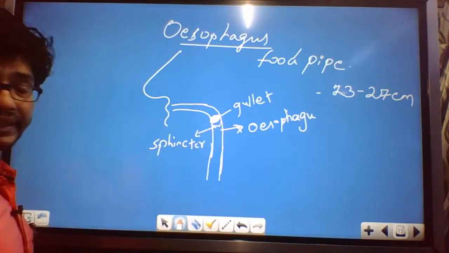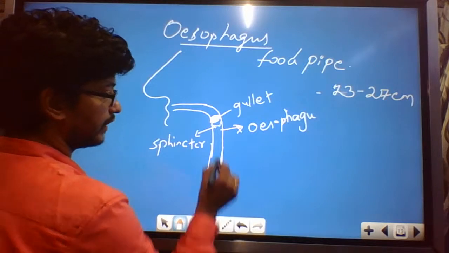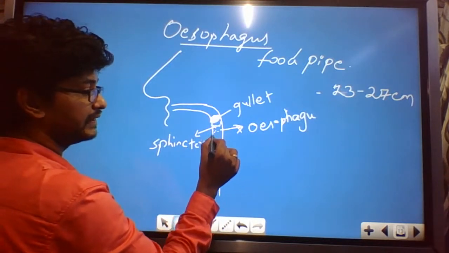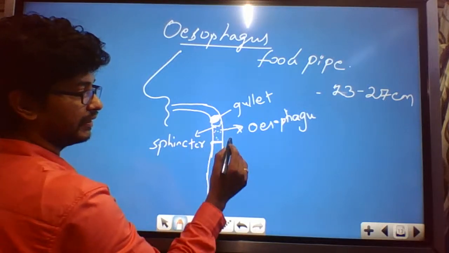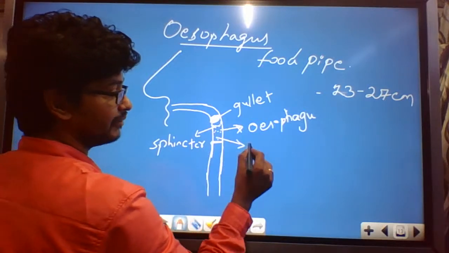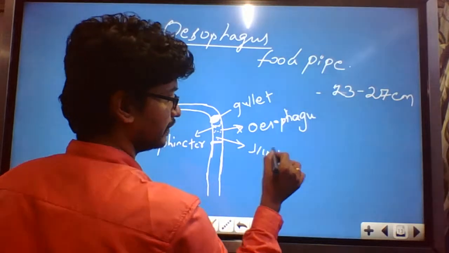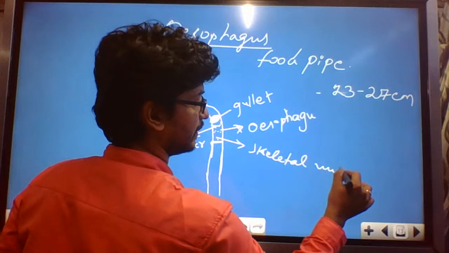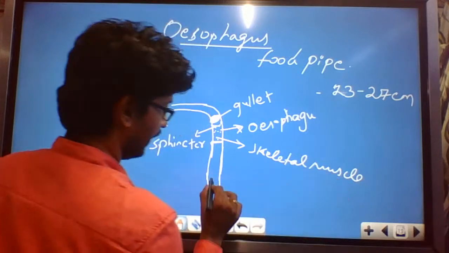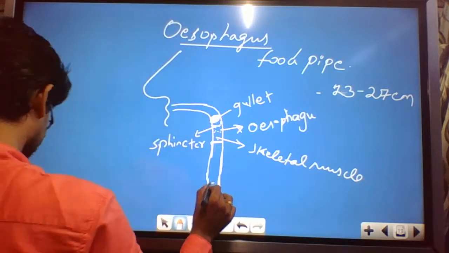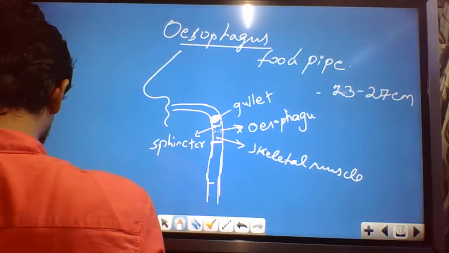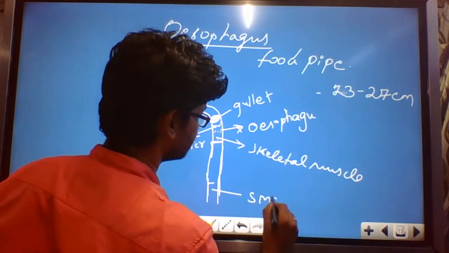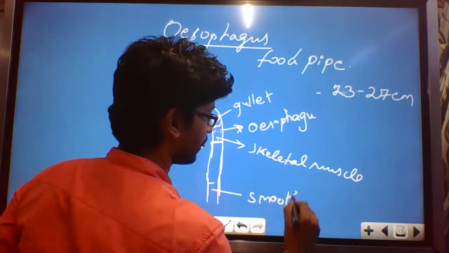One thing you should know: the beginning of the esophagus, the first part, is made up of skeletal muscle, and the lower part usually has smooth muscles.